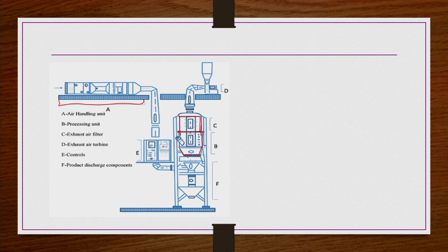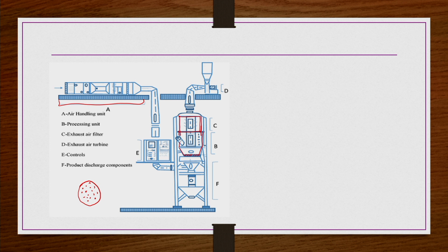So for the distributor, let us say there is a distributor plate like this, and it may have perforated holes like this. And this perforation, or the size of the holes, depends on the size of the particles that you are handling.